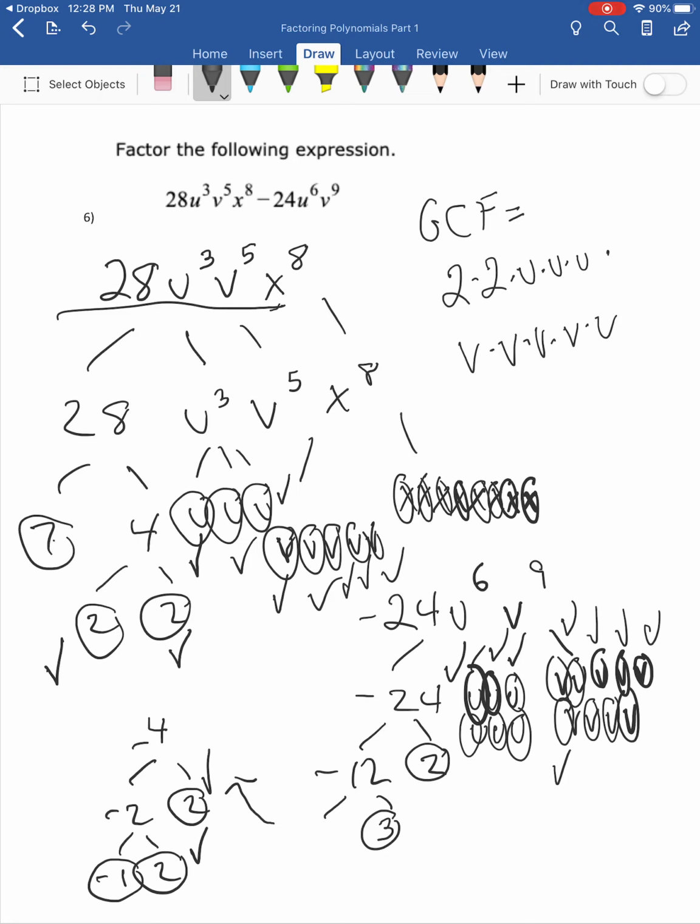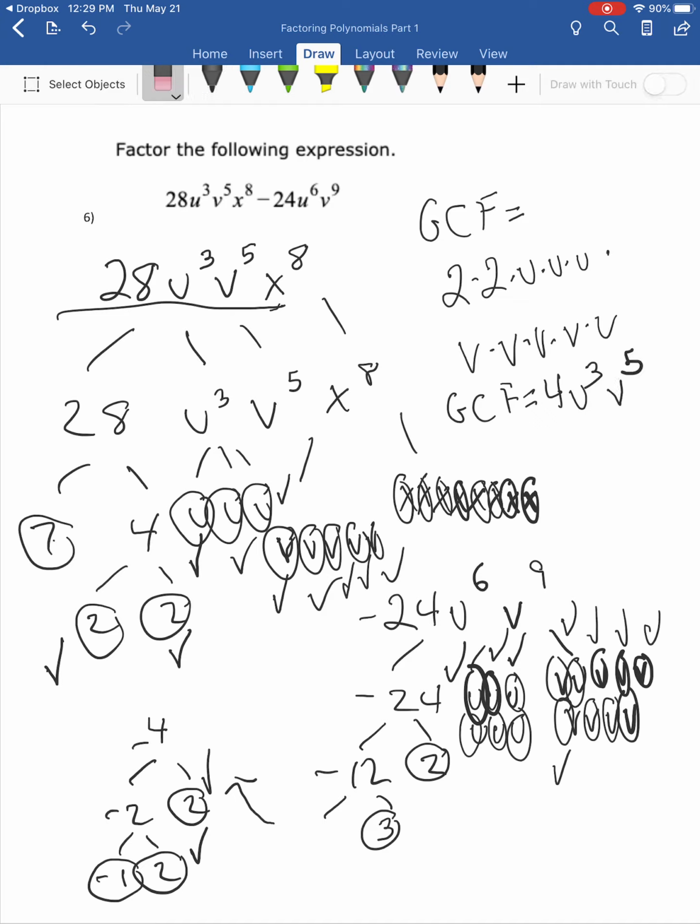Okay. And notice they don't have any x's in common because the first term has x's, but the second one does not. So the GCF is going to be 4u cubed v to the 5th.